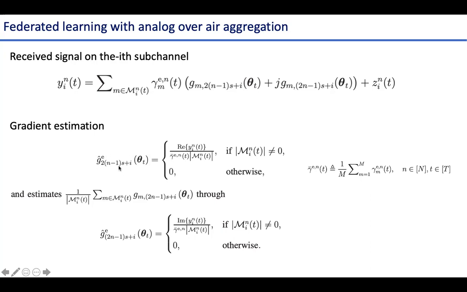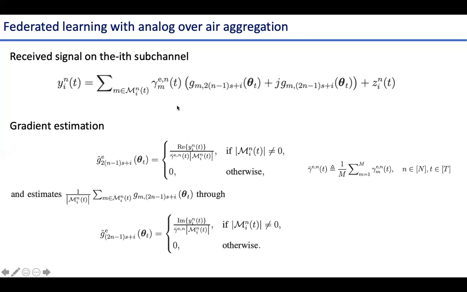Otherwise, the estimate of the gradient on the real channel of subcarrier i is equal to 0. Same thing for the imaginary part. With that, we receive the aggregated gradient in every subcarrier, which is the aggregate of the value of one element across workers.